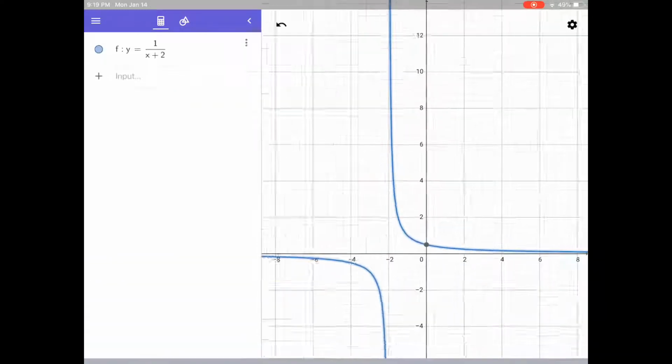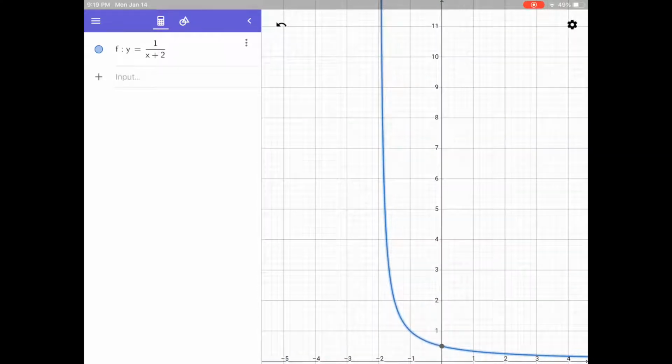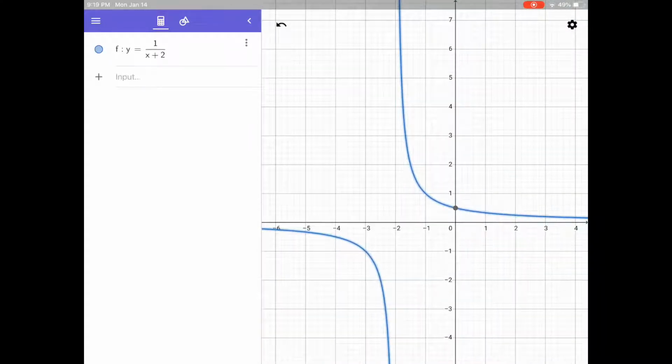If we look at our graph, we get what's known as a vertical asymptote at x equals negative 2. Your graph is going to get really, really close to the line x equals negative 2, but it will never cross. If you zoom in, see how it's getting closer and closer, but it's never crossing. That's what's known as the vertical asymptote, and that's for later in the chapter.